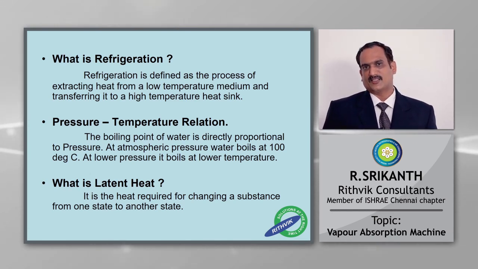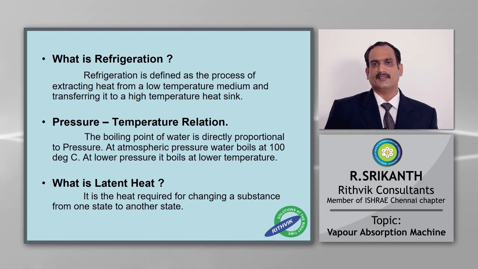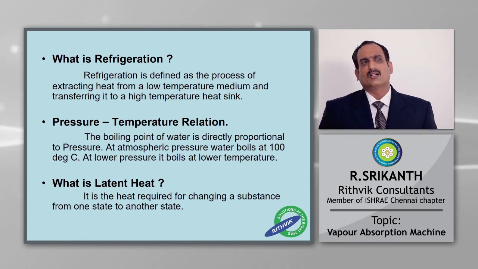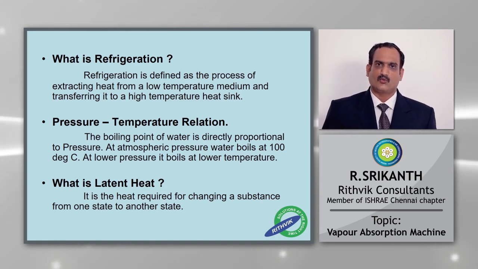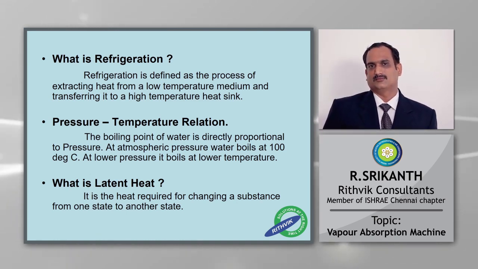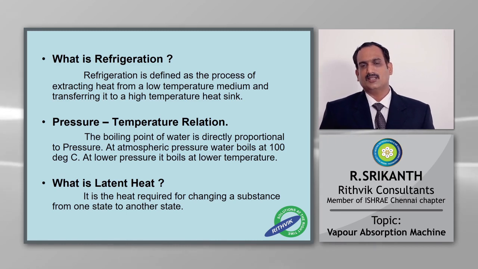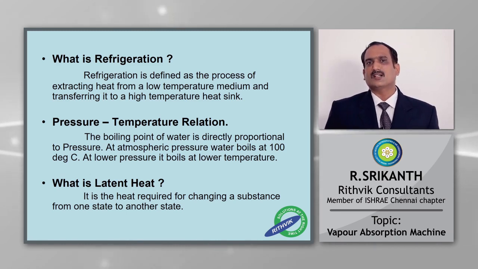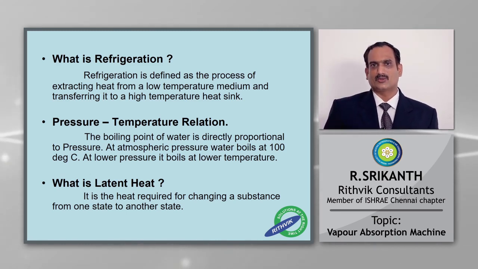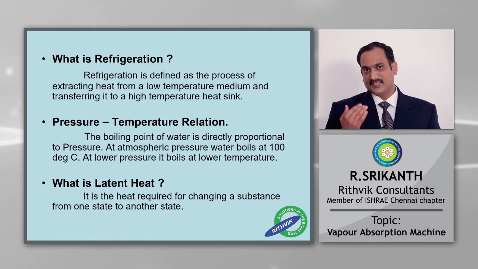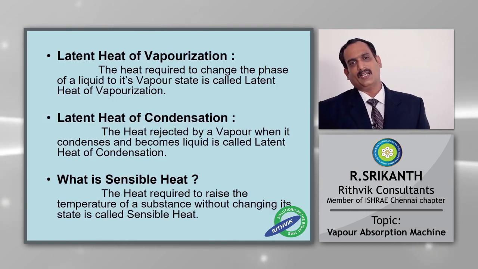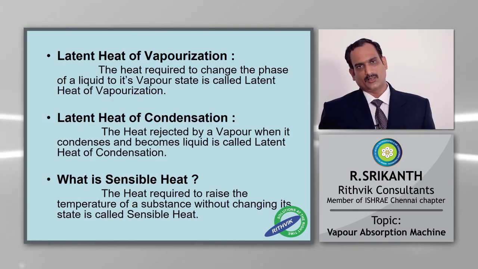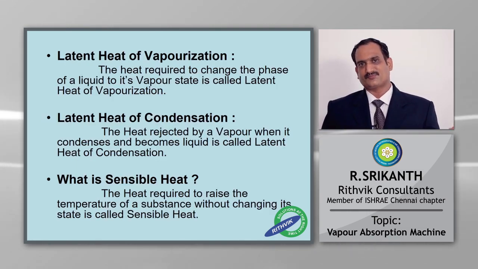Further, let's touch base on some more basics of latent heat. What is latent heat? It's the heat required for changing a substance from one form to another. To elaborate, when water boils at 100 degrees centigrade, it slowly converts into vapor at the same 100 degrees. That means there is a change of phase, wherein the water becomes vapor.